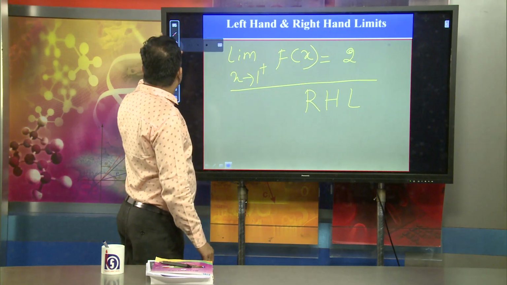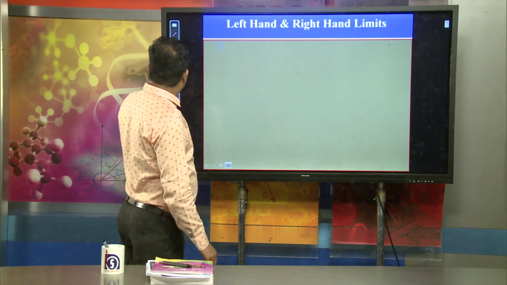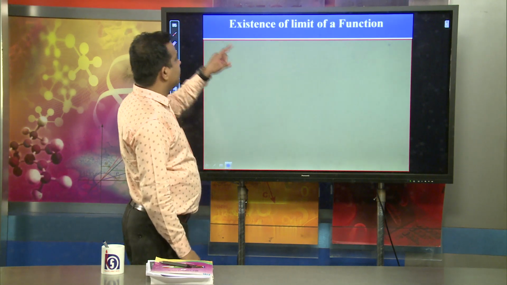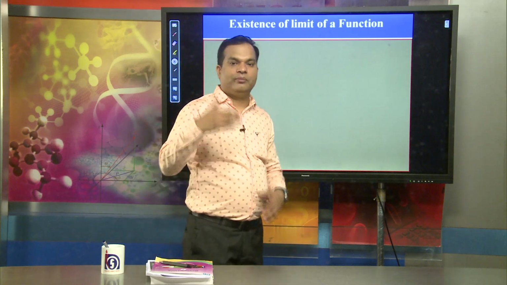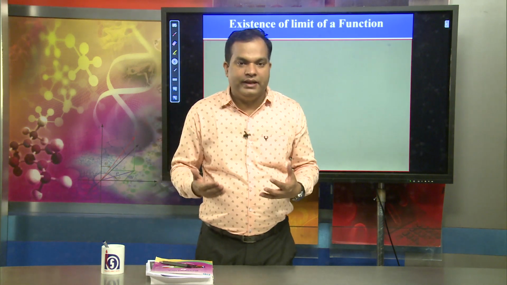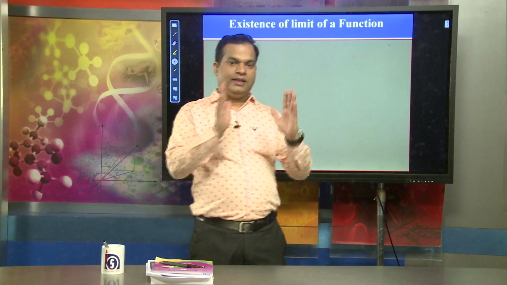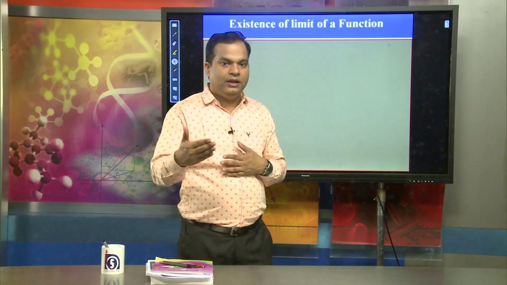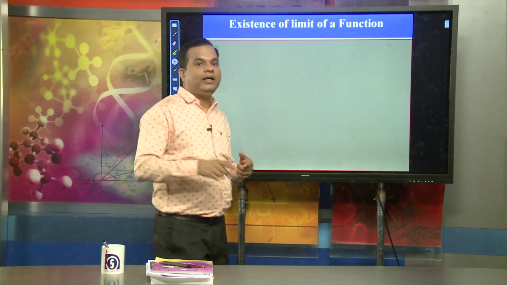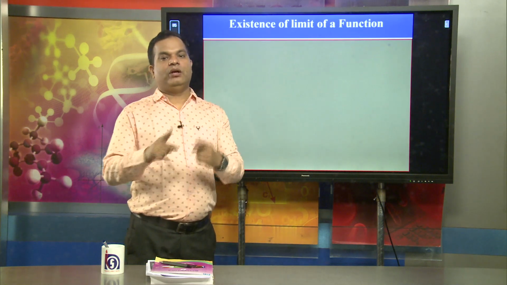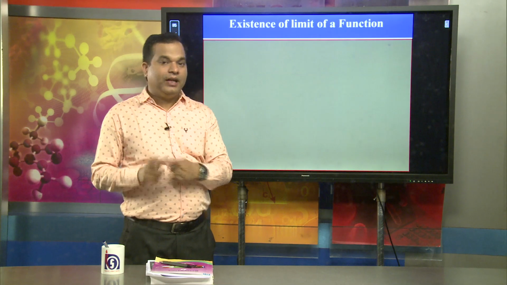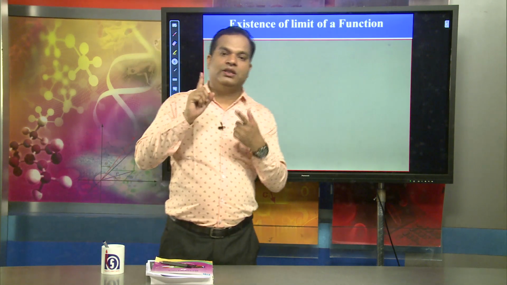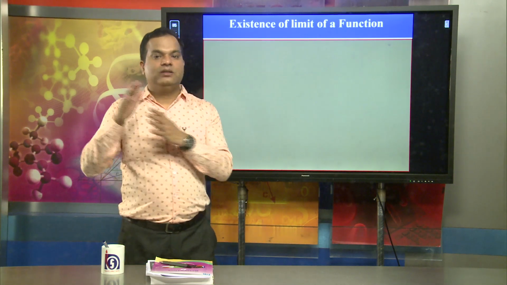Now the existence of a limit of a function. When will a function's limit exist? In order for a limit to exist, there is a condition. The condition is that when the left hand limit is equal to the right hand limit, then we can say the limit of the function exists, otherwise it does not exist.